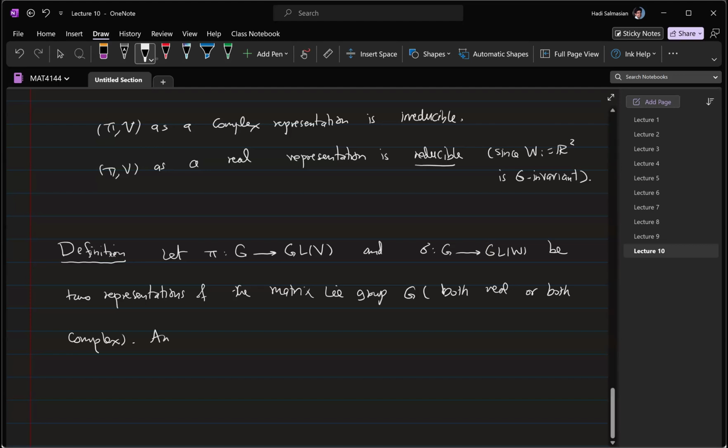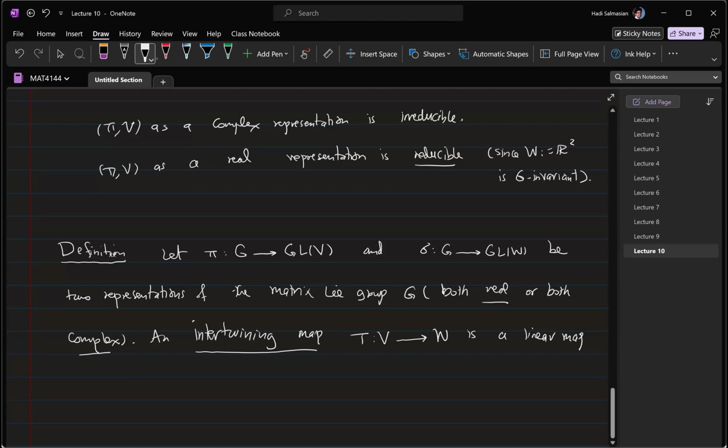Now, an intertwining map from V to W is a linear map. Linear means either R-linear or C-linear, depending on the context. If you're in the real representation world, you want R-linear.